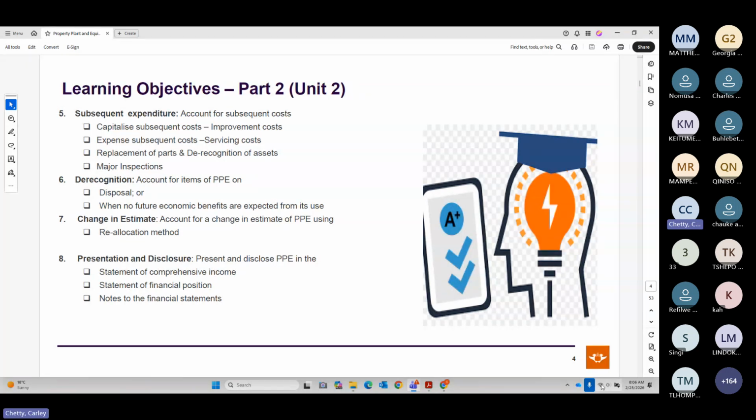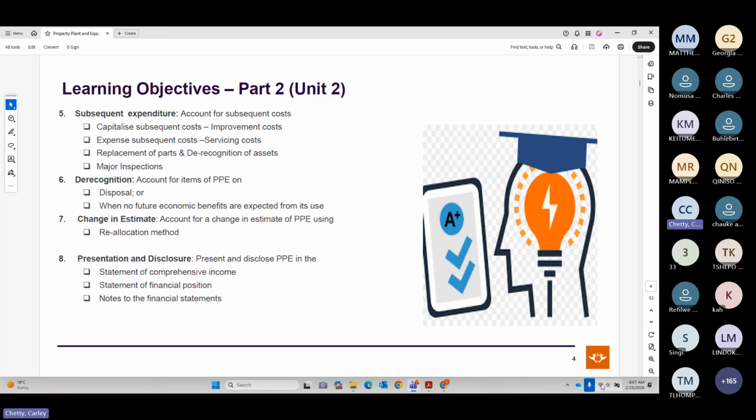Okay, then we need to have a look at derecognition. How do we account for items of PPE on disposal, or when there are no future economic benefits expected from its use? We are also going to look today at a change in estimates. How do we account for a change in estimate of PPE?